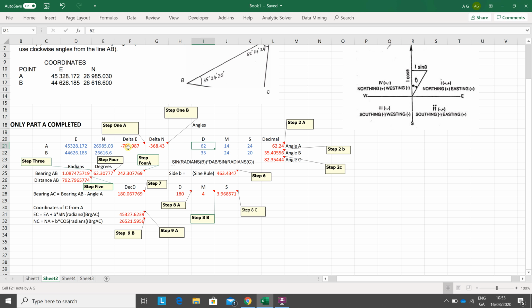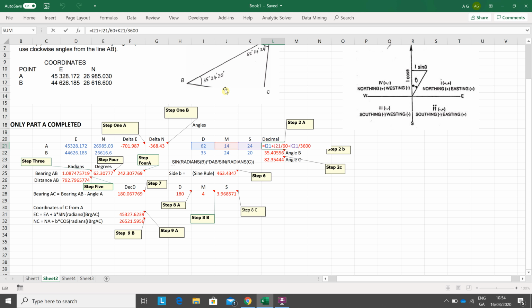Over here, we're given these angles here, 62, 14, 24. You can see that coming from there. And the 35, 24, 20 is coming from there. And I converted them to decimal degrees, so let's just put that up there.